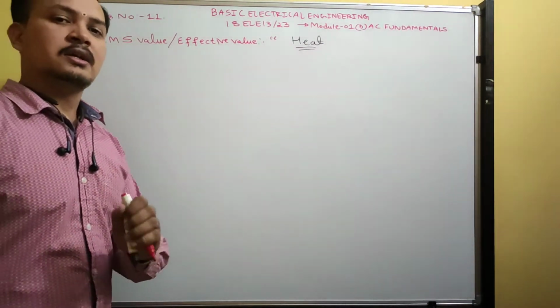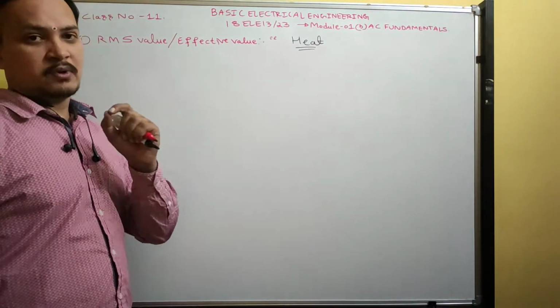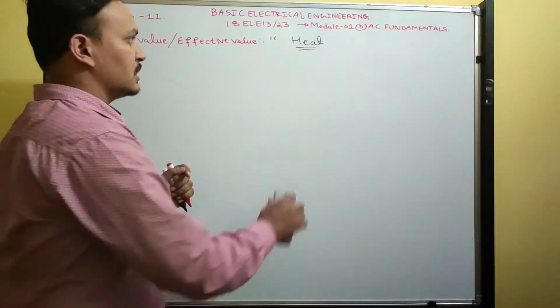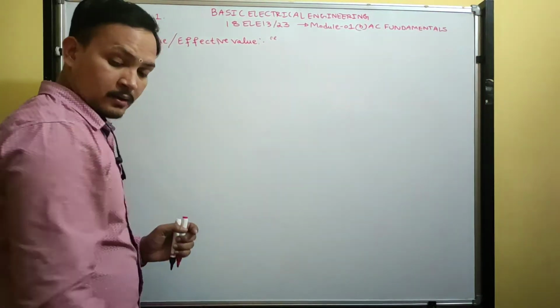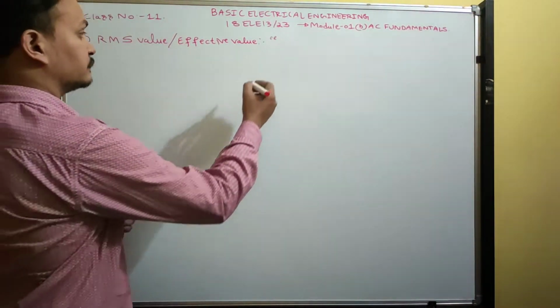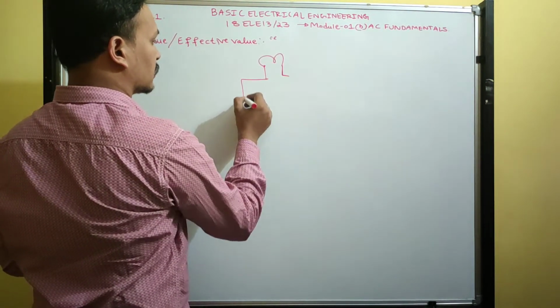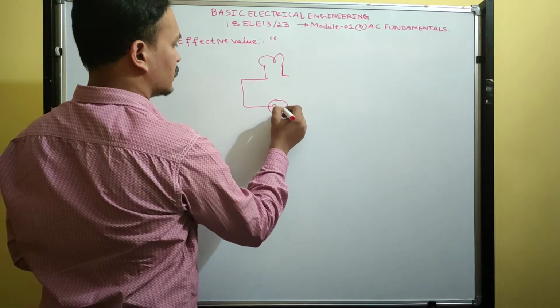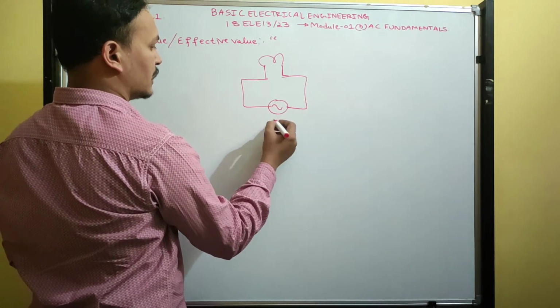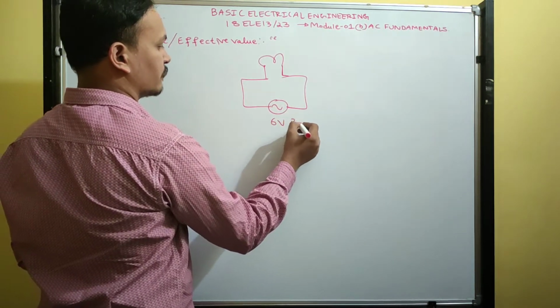Now I will tell the easiest way to understand the meaning of RMS value. Take a bulb. First you apply an AC voltage across the bulb, let's say 6 volt RMS. Then to the same bulb you apply a 6 volt steady DC supply.